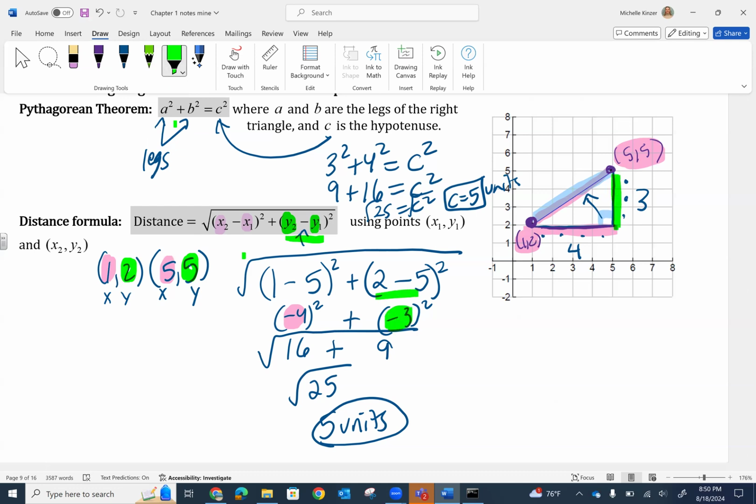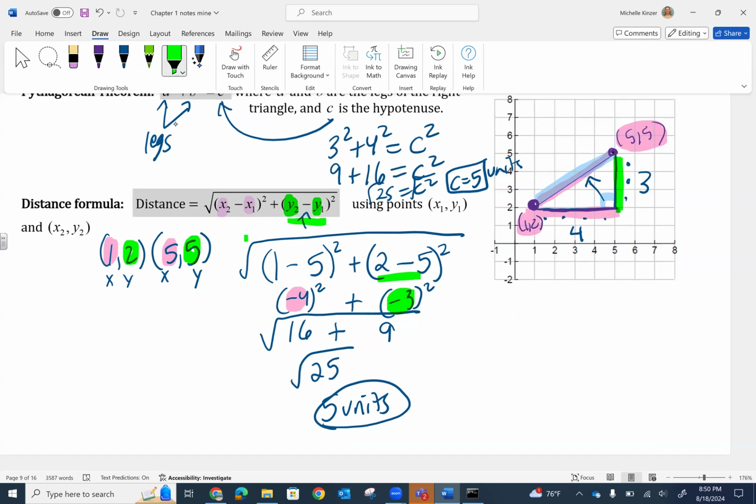And then if you do 4 squared plus 3 squared, or 16 and 9, and then you add them up and square root, you're essentially doing the distance formula without actually thinking about it per se. And so the distance formula just has you subtract the x's, subtract the y's, square both answers, add them together, and then take the square root. And since we know the square root of 25 is 5, we're done.